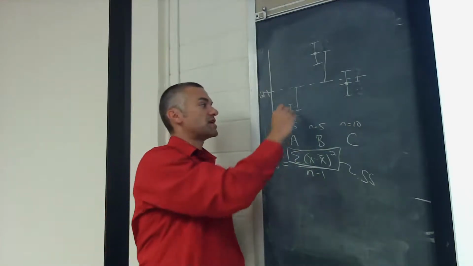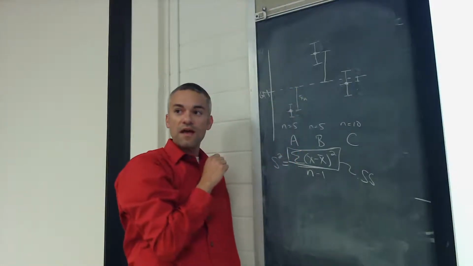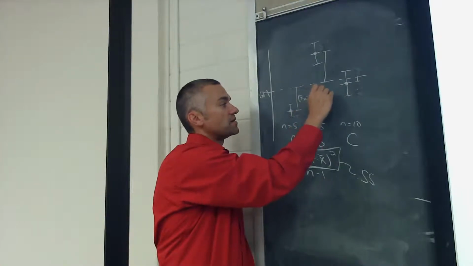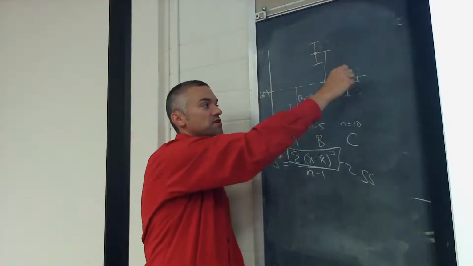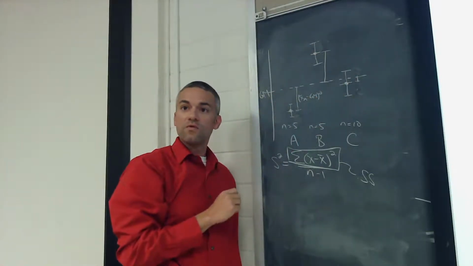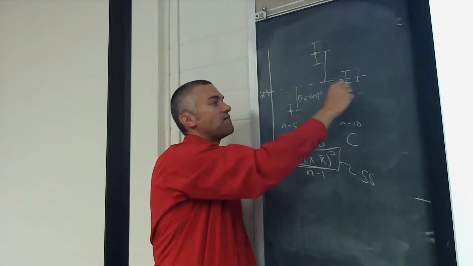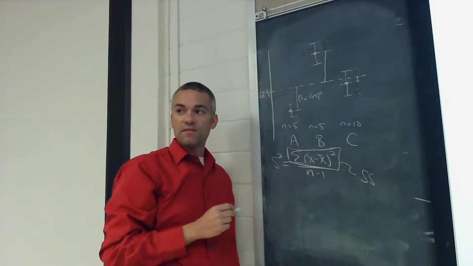What it's going to do is calculate this squared deviate. So that's the mean of our group A minus our grand mean, and square it. And then it's going to multiply it by our sample size. And it's going to do that for each of these. So we can kind of fix the sample size. And that kind of tells us how far away on average our means are relative to the grand mean.